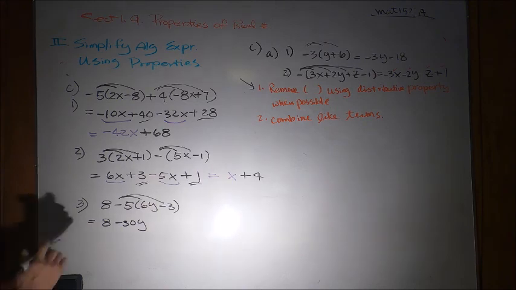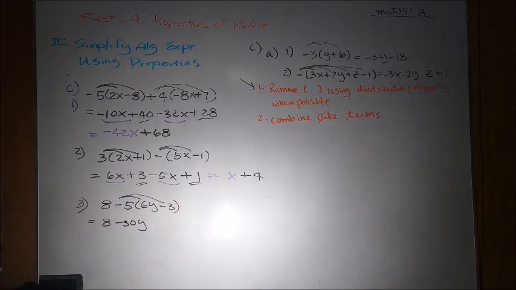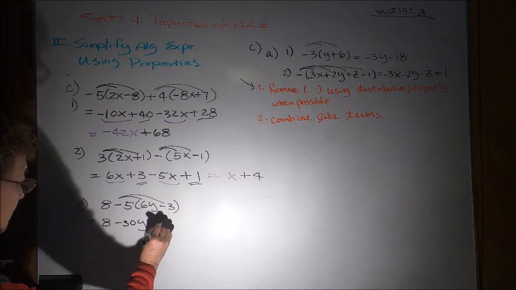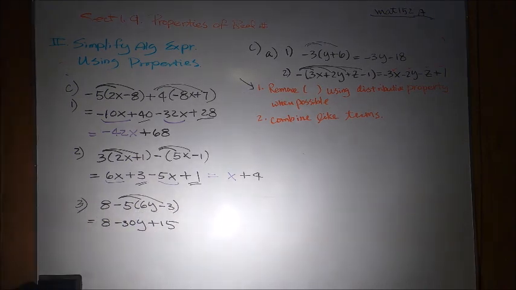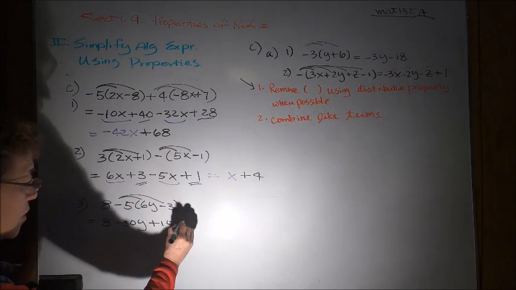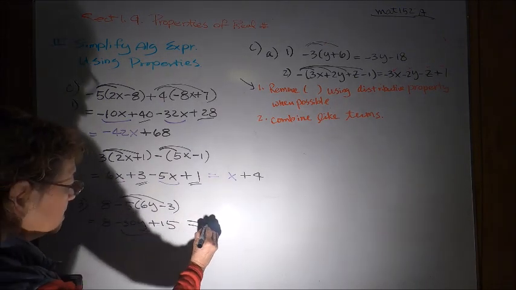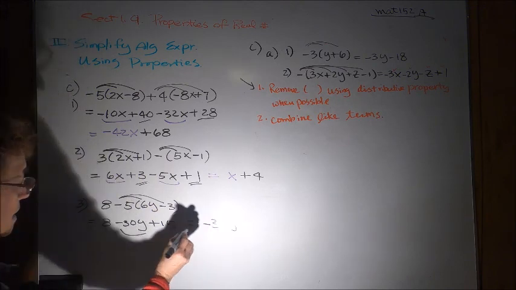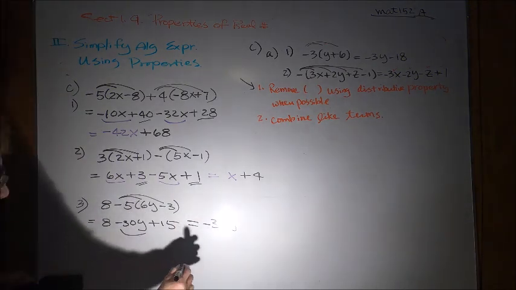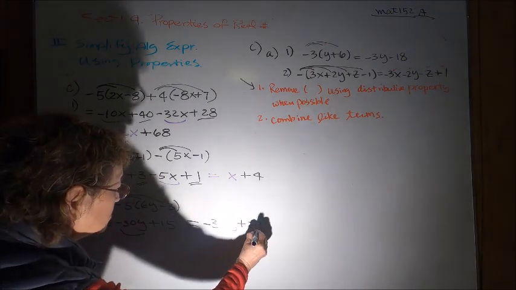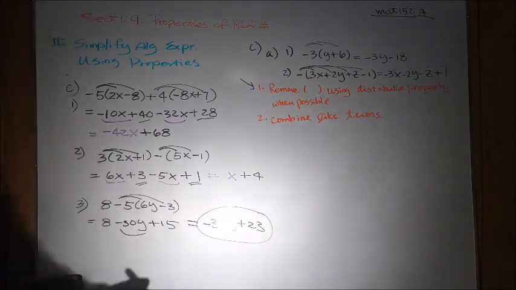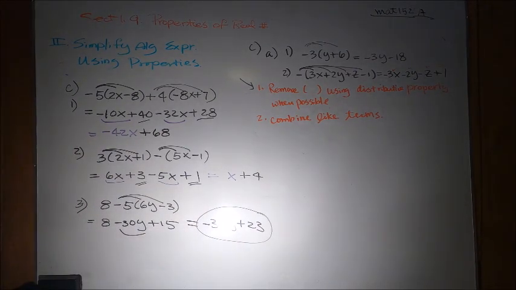Negative 5 times negative 3 would be 15. Then we combine like terms. Negative 30y by itself, and the numbers 8 and 15 will be 23. That will be your answer.